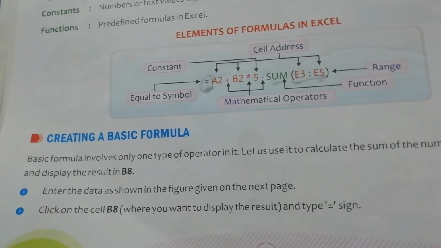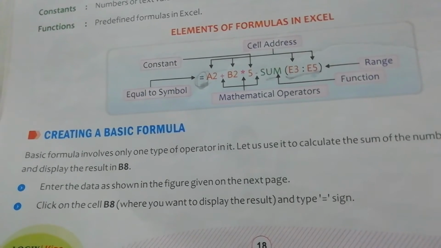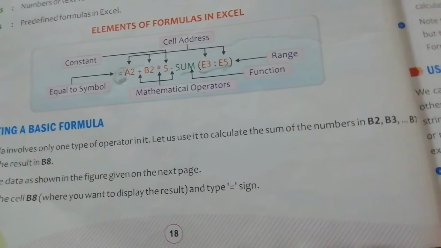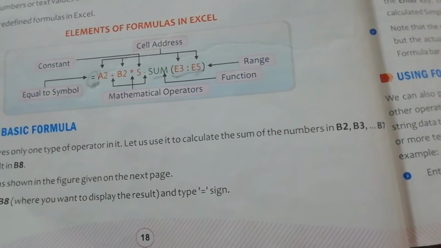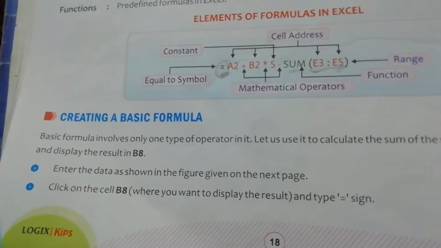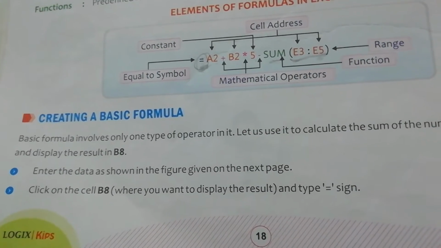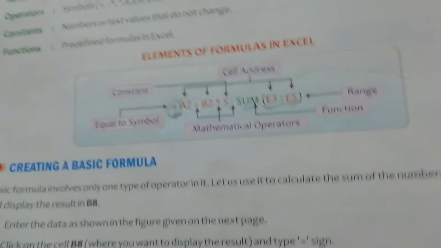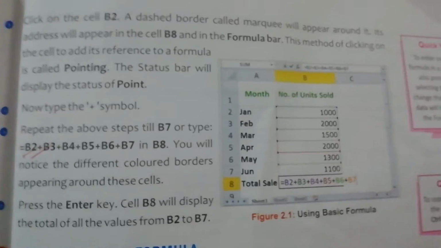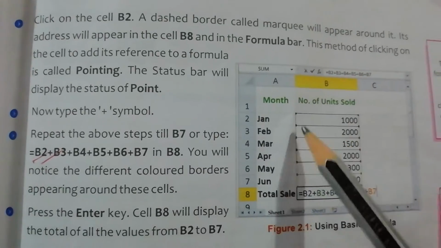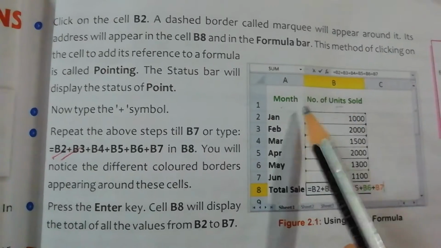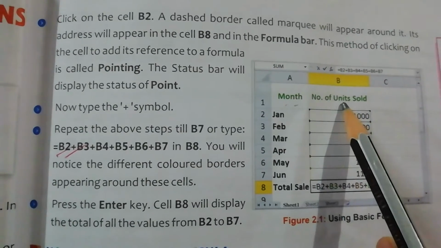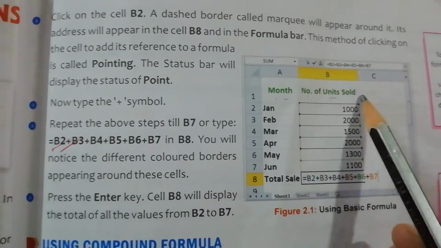So after this, how can we create a basic formula? A basic formula involves only one type of operator. Let us use it to calculate the sum of the numbers B2 to B7 and display the result in B8. So let's go to this page. Here is a heading, month, and the second column is number of units sold.